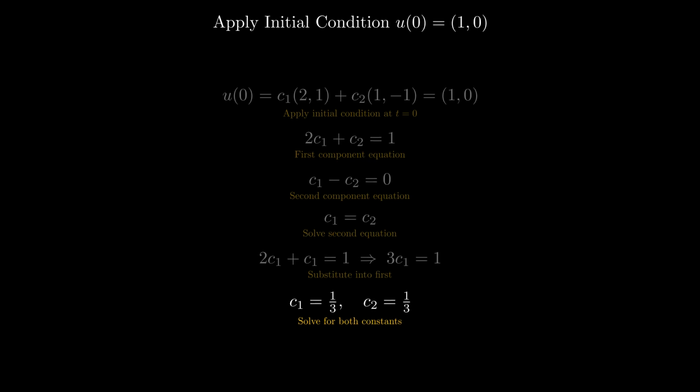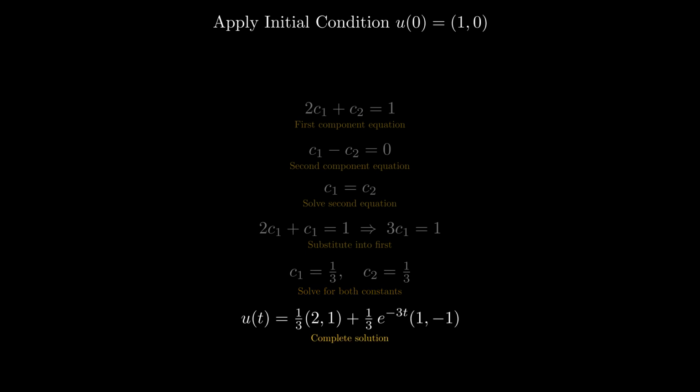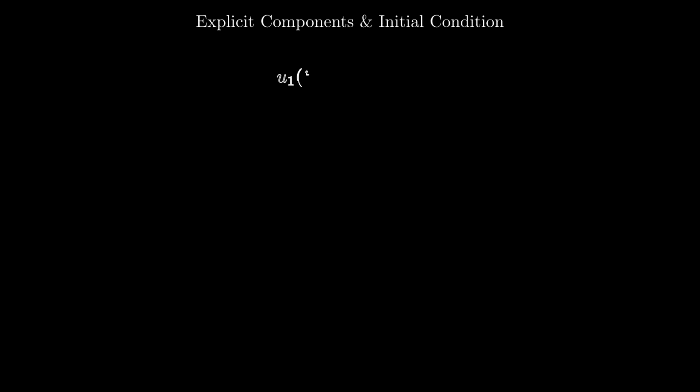Both constants are 1/3, and we can now write the complete solution. u of t equals 1/3 times the vector 2, 1, plus 1/3 times e to the negative 3t times the vector 1, negative 1. Let's write out the components explicitly. u1 of t equals 2/3 plus 1/3 times e to the negative 3t, and u2 of t equals 1/3 minus 1/3 times e to the negative 3t.